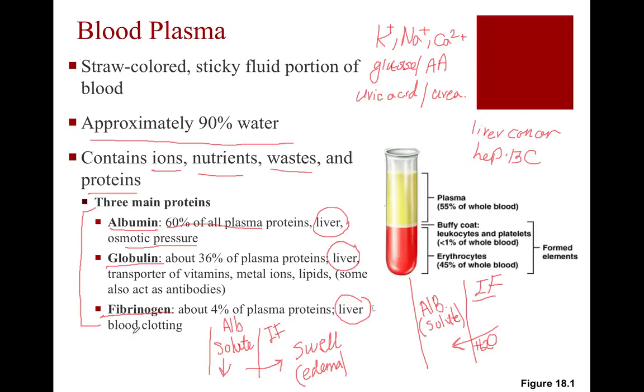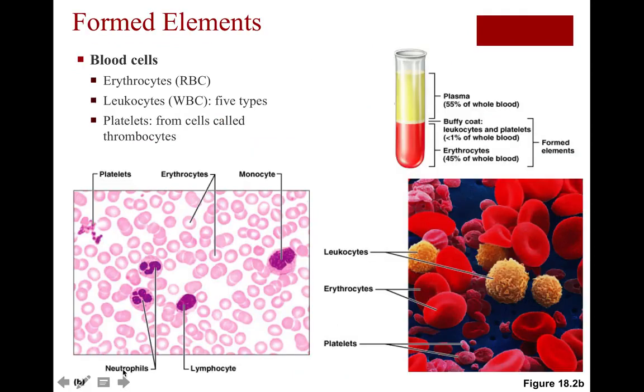Lastly is fibrinogen, which is about 4% of total blood plasma. It's still made by your liver. Its role is blood clotting, which means this protein works with the cell types we talked about earlier, called platelets, to make sure that if you do have a cut or damage to your blood vessels, they can be healed easily.